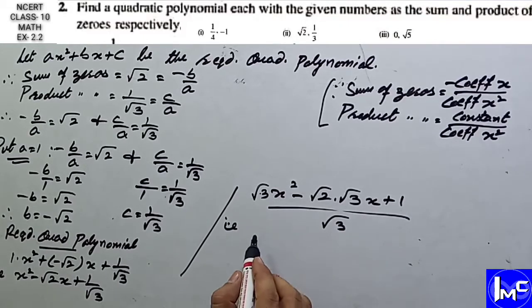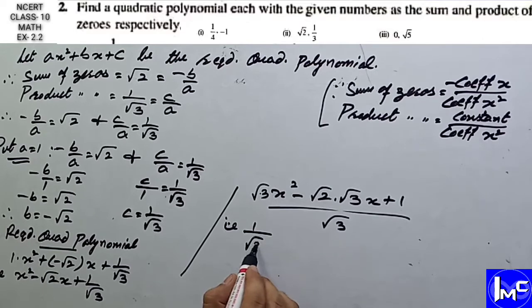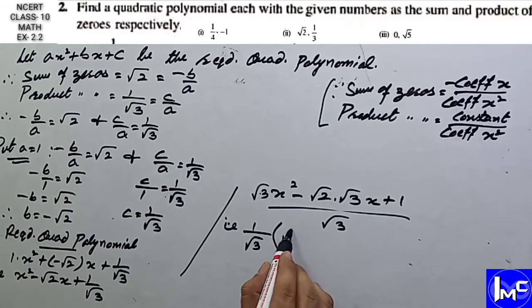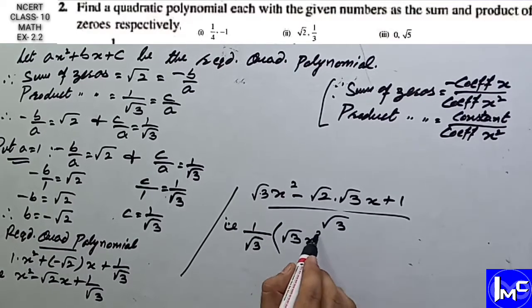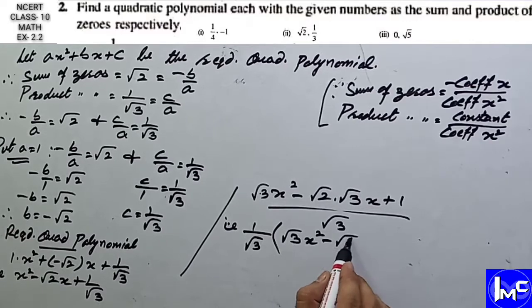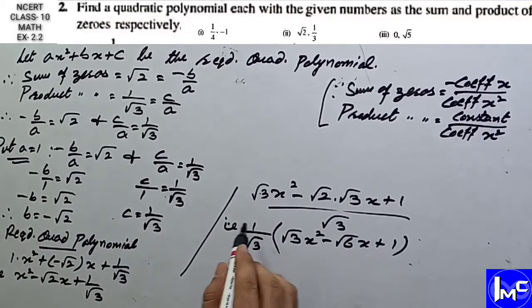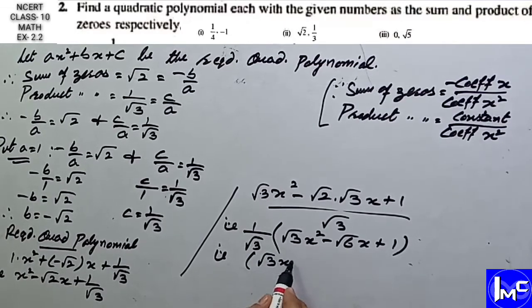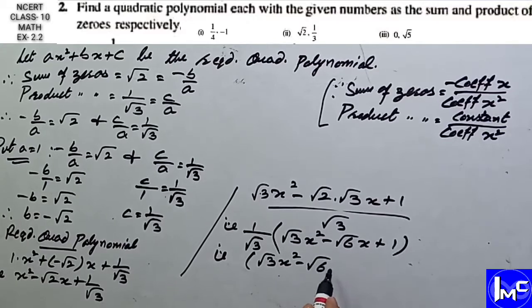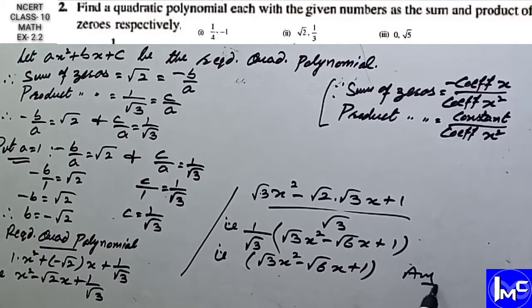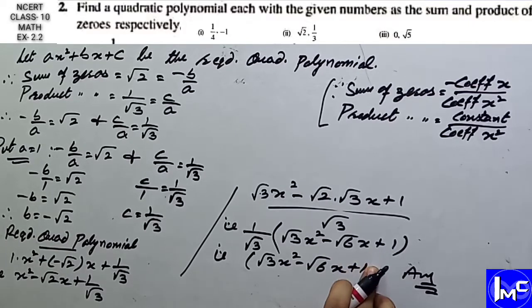Here 1 over under root 3 is taken outside, and the bracket is under root 3 x square minus under root 6 x plus 1, and the outside factor can be omitted. That will be under root 3 x square minus under root 6 x plus 1 is the final answer. You can also leave the brackets in the final answer. This is the answer.